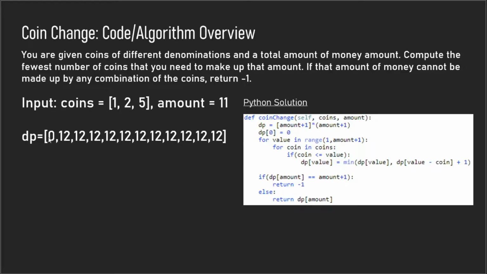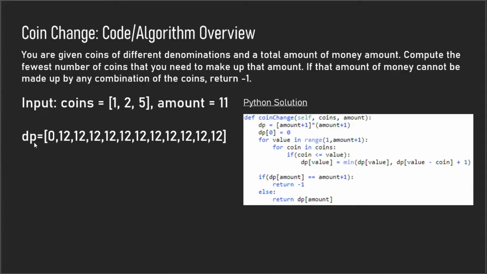It's 0 because we don't need to add any coins to add up to 0. And then the next index is the amount of coins it's going to take to add up to the amount 1, and then 2, 3, 4, 5, all the way up until we get to the amount equal to 11. This last element in the DP array is what we actually want to be returning.